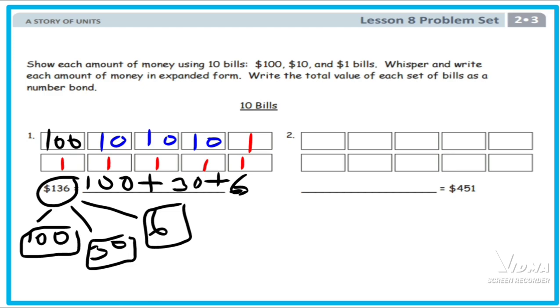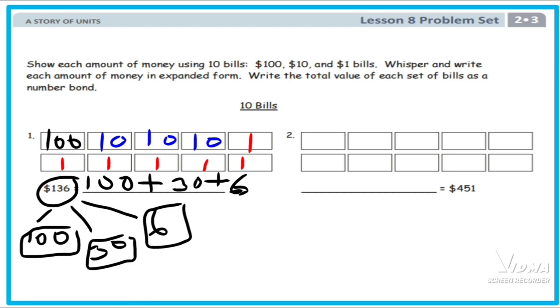Your problem set, the first question: show each amount of money using $100, $10, and $1 bills. Then write each amount of money in expanded form. Write the total value of each set of bills as a number bond.